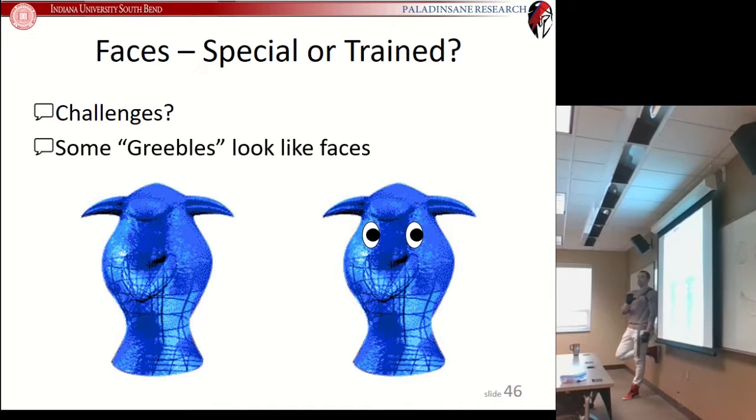So it could be that their ability to see the Greebles actually piggybacked on their facial processors. So they were able to recognize them by basically realizing that, oh, that's kind of like a face. Then it activates your fusiform face area, and then things are more easy to recognize.